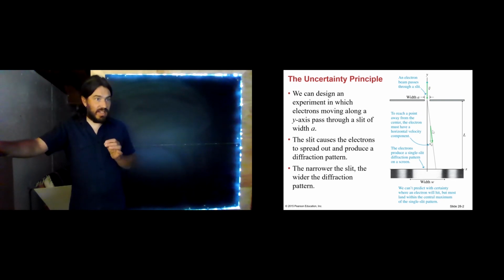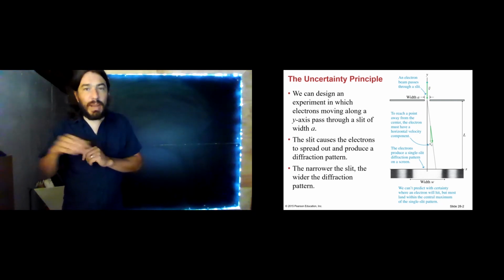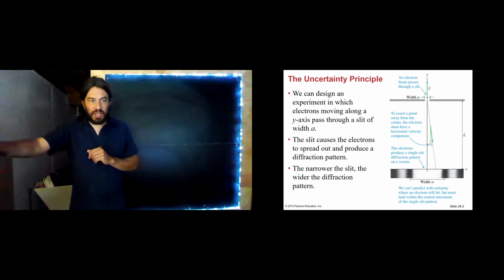So we can think about this as, if we constrain the particles in the x direction, then we know less about their velocity in the x direction. If we know more about exactly where the particles are by forcing them through a narrower opening, then we know less about their velocity in that direction. And therefore, some of them might have a large velocity in the x direction and could end up way over here.